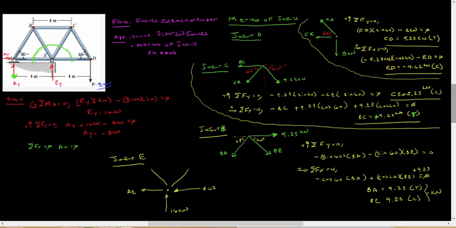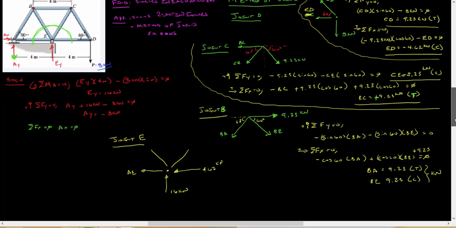Again, this should have been CE over here, and this should have been ED. So ED was negative 4.62 kilonewtons, which would actually be going into the joint. So that's why I'm showing 4.62 kilonewtons going into the joint, because it is in compression.